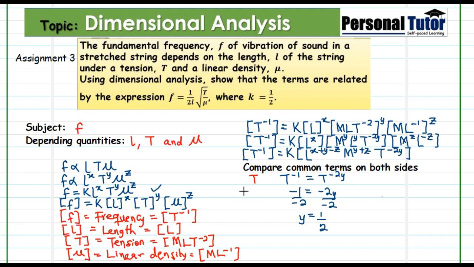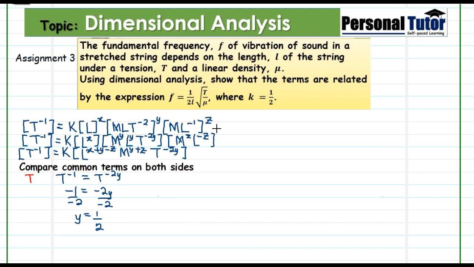Let's go to the next term. That is the L. On the left hand side, there is no L. And so we say, even if there is, it is to the power 0. Kindly note this for me. There is no L, and so we still write it with the power 0. And in indices, any number raised to the power 0 is 1.